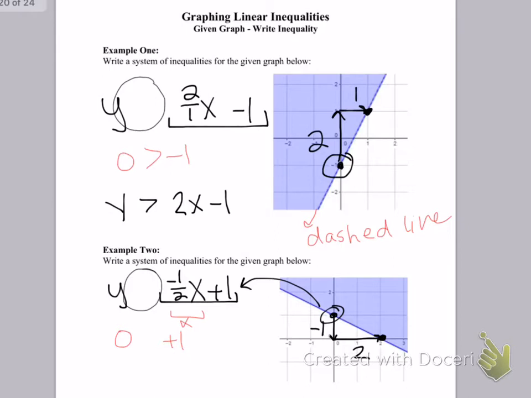So because it's false, we know it's going to face 0 because 0 is not the bigger number. And we see that it's a solid line, so we'll have the equal to with it. So y is greater than or equal to -1/2 x plus 1.